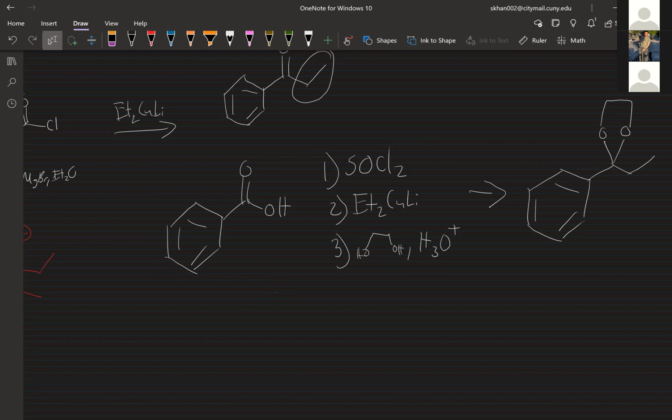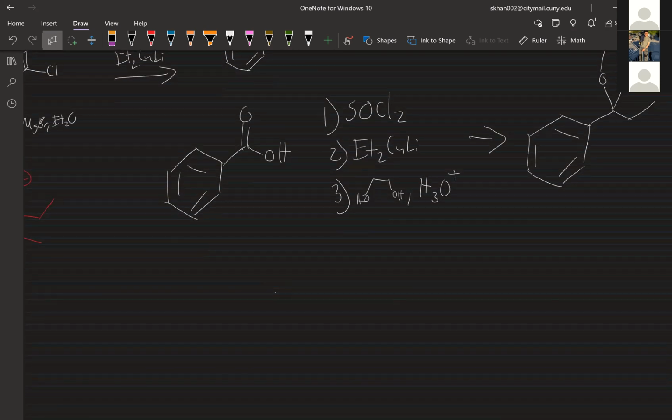The first step, instead of an acyl chloride, right? You could have done that also. Actually, in this case, you don't want to heat it up. You could use some sort of base, pyridine or hydroxide.